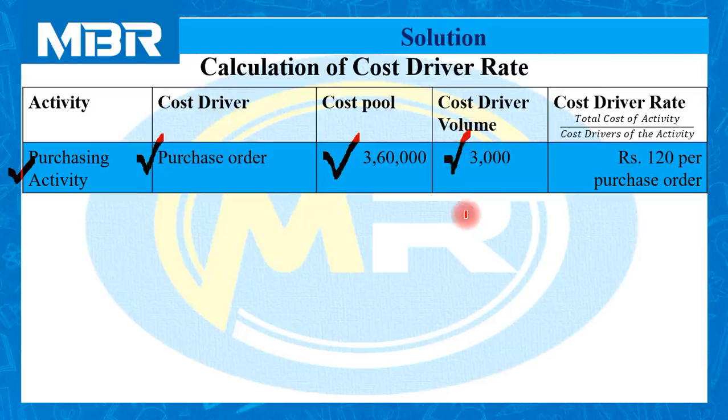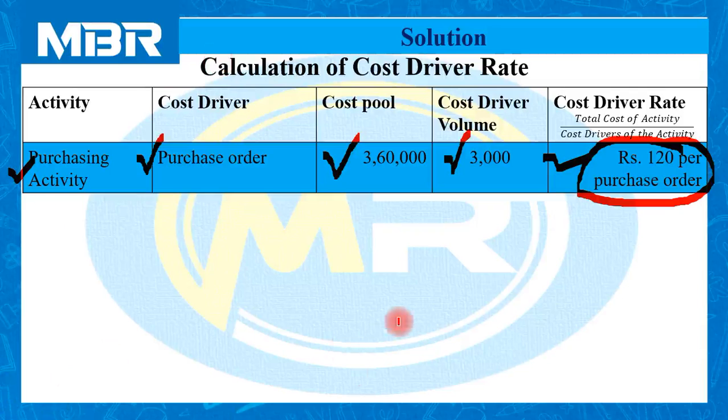So if you want to allocate any expenditure based on purchasing-related activity, the cost driver rate is 3,60,000 divided by 3,000, which is rupees 120 per purchase order. Don't forget that we need to transfer purchasing-related expenses based on the number of purchase orders, and the cost is rupees 120 per purchase order.